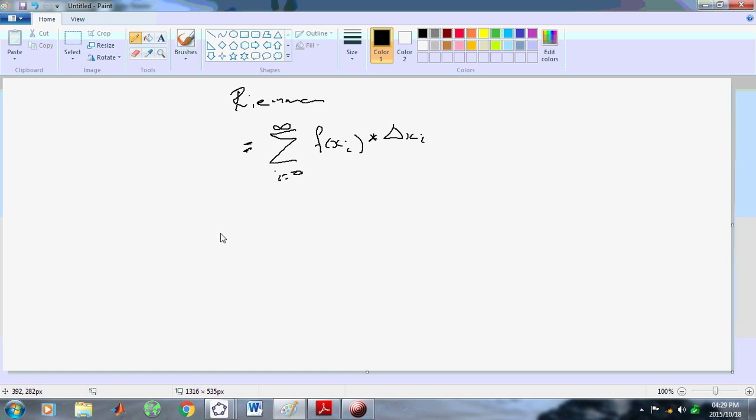I'm going to show you that that definition is in fact wrong, and that the definite integral is really derived immediately from the mean value theorem. So if you take a look at the mean value theorem, it states this.